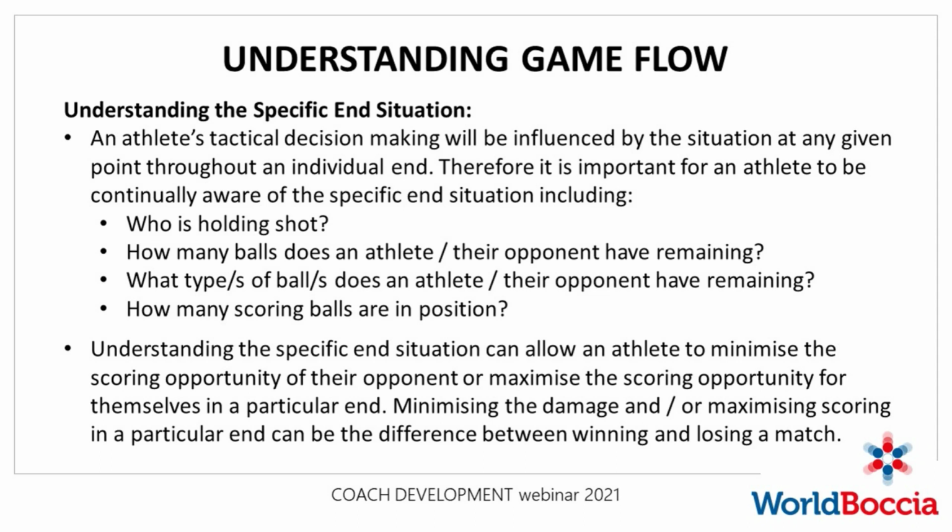So what is your opponent's ball arrangement, having an understanding of that, and then being aware that as an end develops and as your opponent plays each ball, understanding what types of balls your opponent has left, as this has some influence on the types of shot they can play towards the back end of an end.